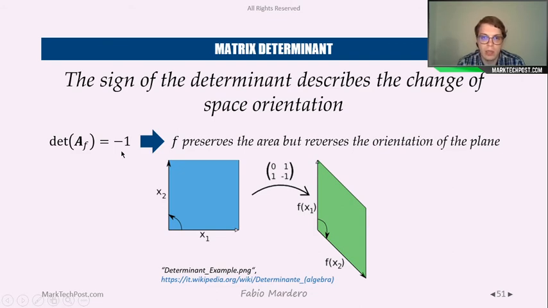So this sign of the determinant describes the change of space orientations. Because the determinant is equal to -1, the volume is always the same, equal to 1. So f preserves the area but reverses the orientation of the plane. You can see this by looking at these two arrows.